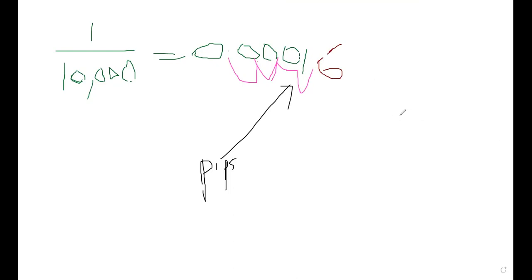Pipette. This pipette is that 6 you are seeing right there.